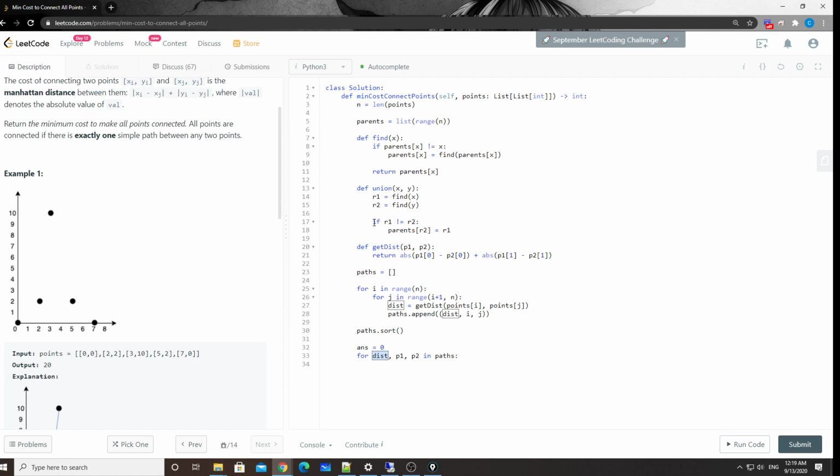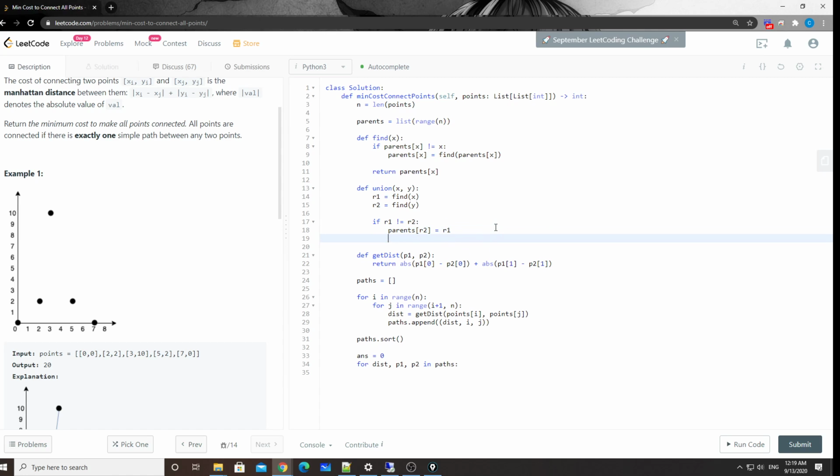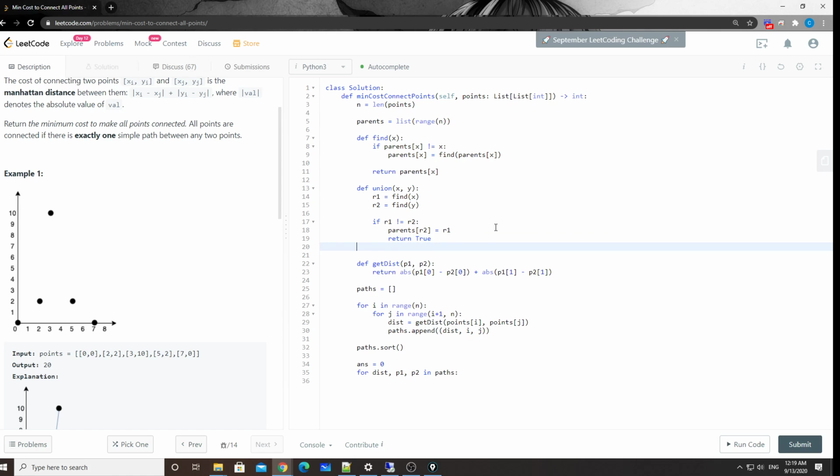The way we check it is that if R1 is not equal to R2, then that's when we do the union. One way of doing this is to return a flag from the union. If we do a union, we return true, otherwise we return false.